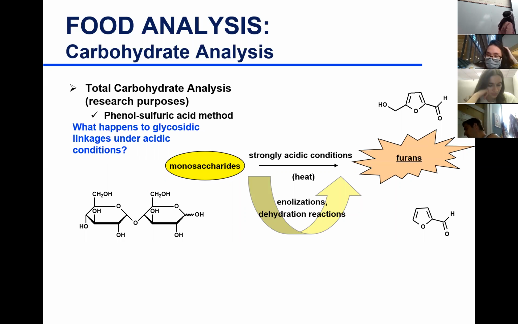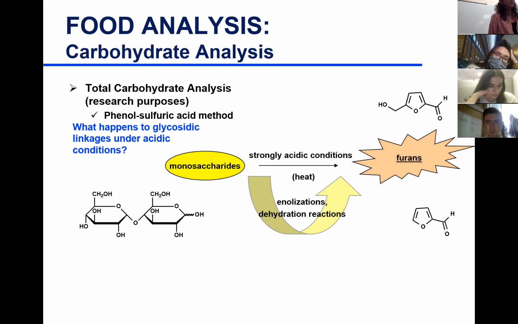Okay, so we'll go over total carbohydrate analysis, which is a method that cannot necessarily be used for complex matrices. It's mostly used for beverages that have small sugars in them, or it can be used for a sample that you have purified. So it has mostly carbohydrate, and you want to know how much carbohydrate you have in your purified sample.